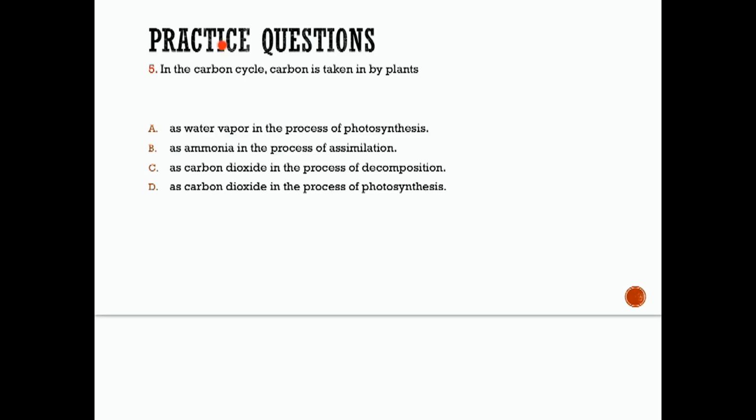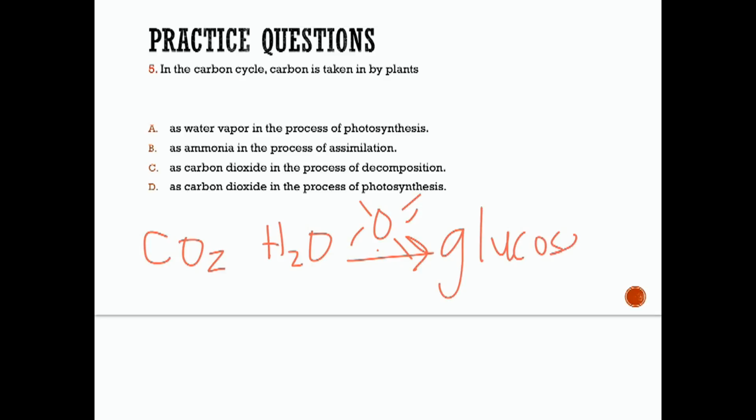Number 5, in the carbon cycle, carbon is taken in by plants as what? So pause this and see what you think. Okay, through photosynthesis, remember plants need carbon dioxide, water, and they also need the sunlight, and it's going to yield or produce or make that glucose, okay, and the oxygen gas so we can breathe.